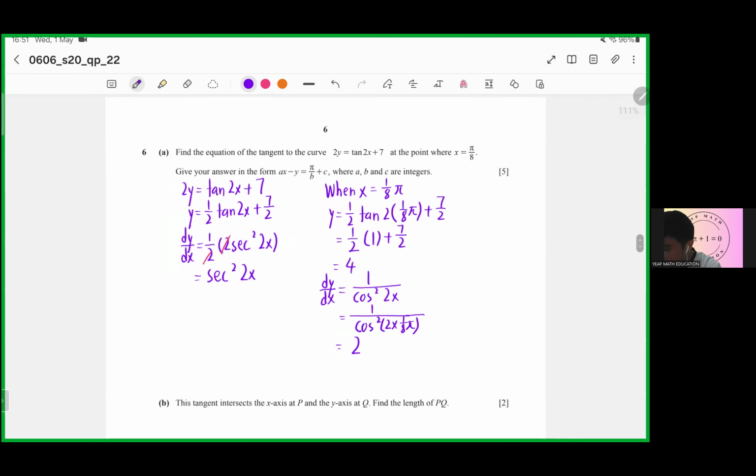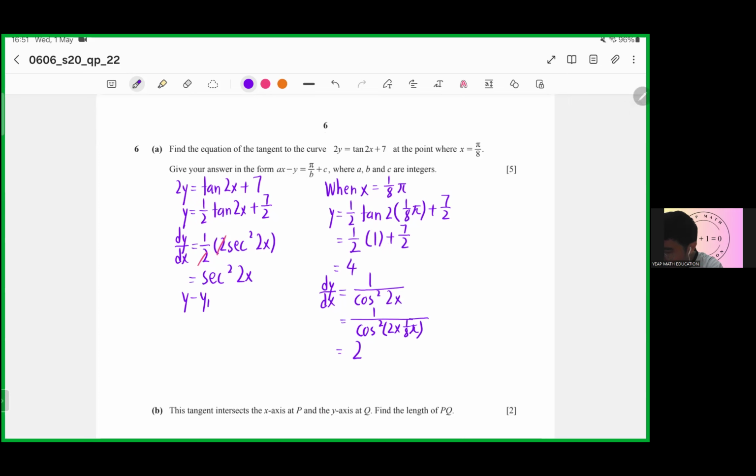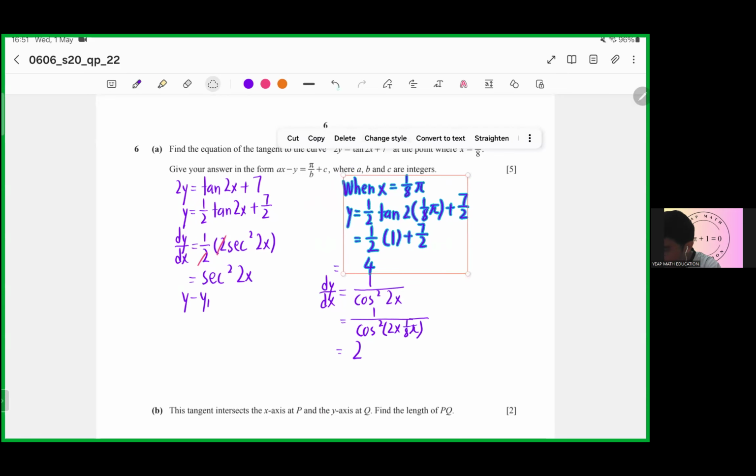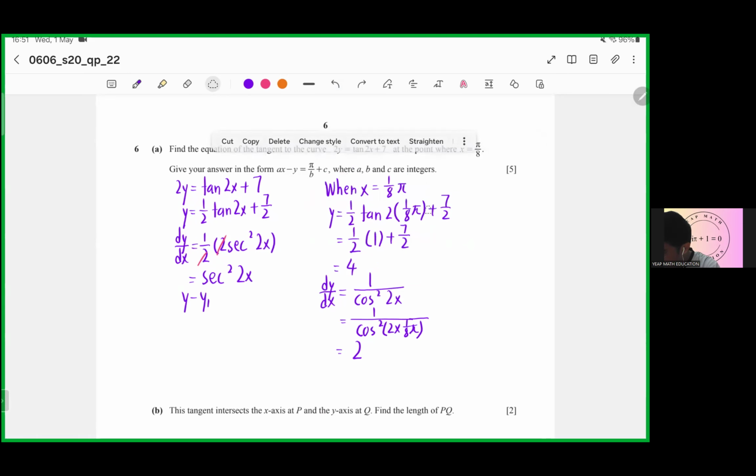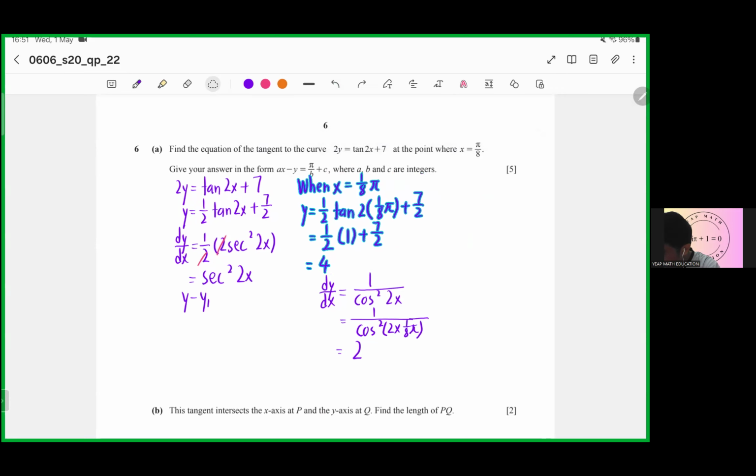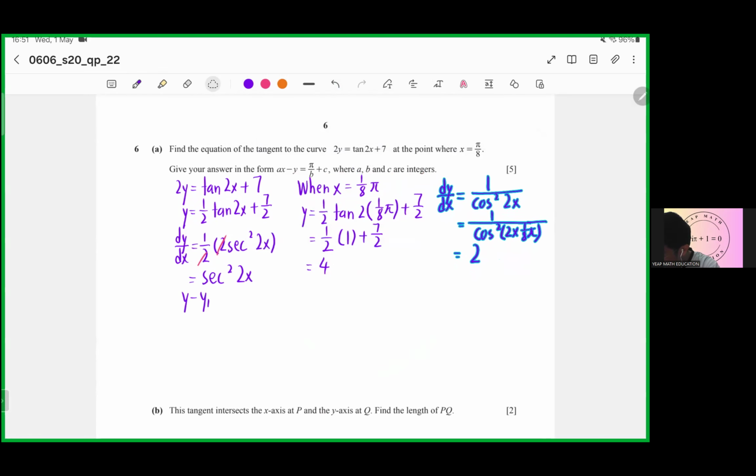Now we need to use y minus y1. Wait a minute. Okay, y minus y1 equals m bracket x minus x1. So we take y minus 4 equals 2 bracket x minus 1 over 8 pi.